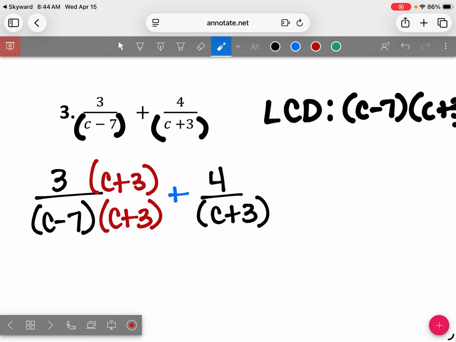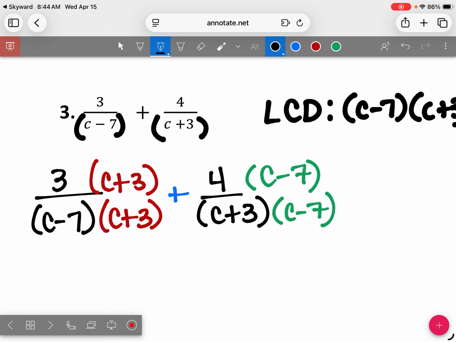So for the second fraction, I have a C plus 3, but I need a C minus 7 and a C plus 3. So I have to multiply this one by C minus 7. All right, so let's go ahead.